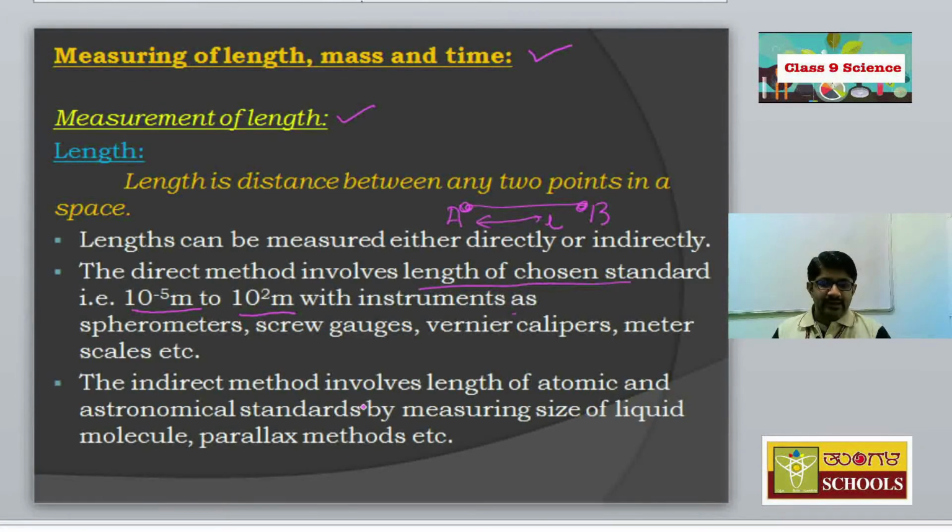The indirect method involves the length of atomic and astronomical standards, by measuring the size of a molecule, parallax methods, and so on.